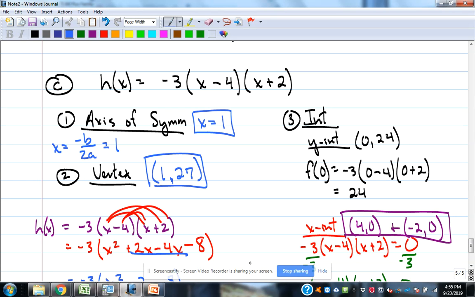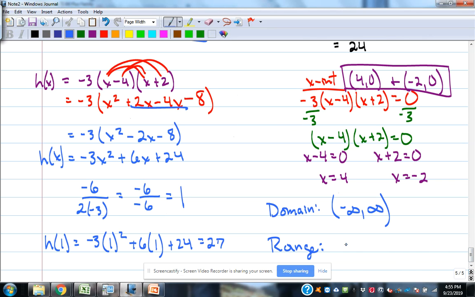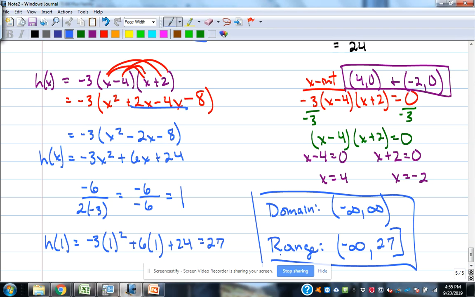The negative in the front. So it opens down, which means this has got to be a maximum. So our range is going to start at negative infinity and go up to the y value of your vertex, which is 27. And I should put a bracket on the 27. There's our domain and the range.